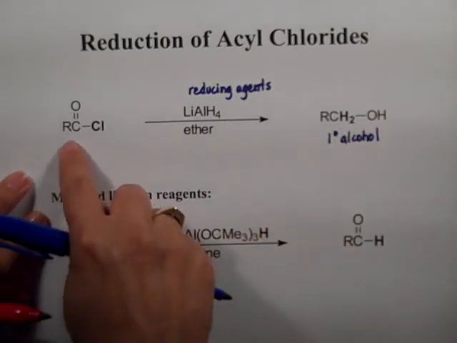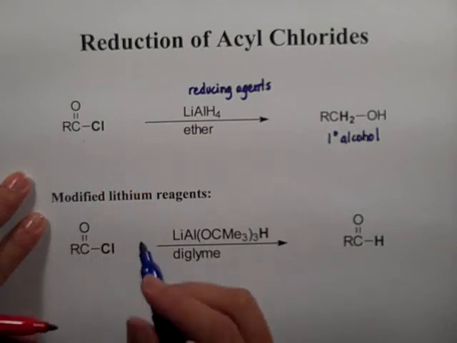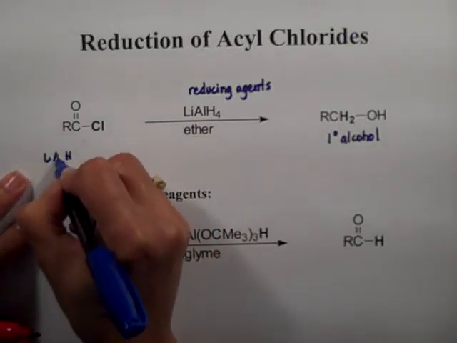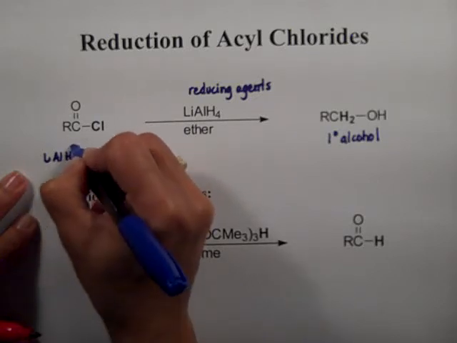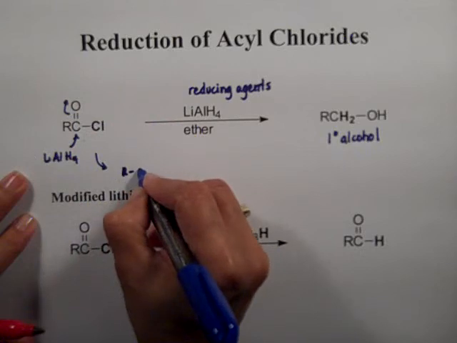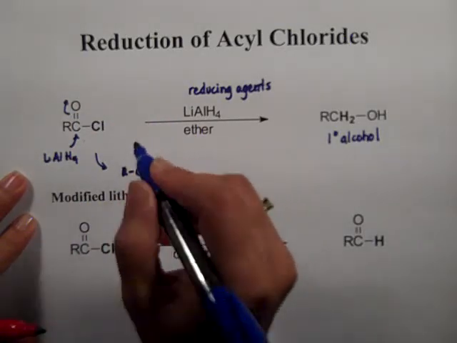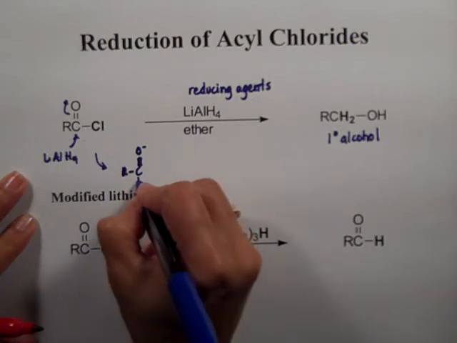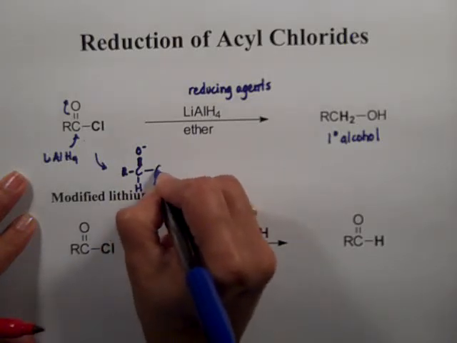So go ahead and attack with 1 hydride, get a tetrahedral intermediate. It has the chloride. The chloride is a good leaving group. That's just an extremely thick single bond. I am sorry I did that.